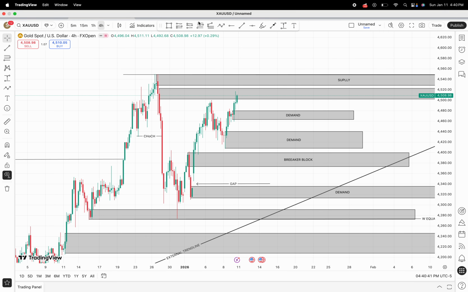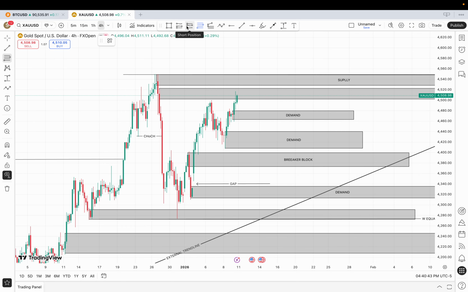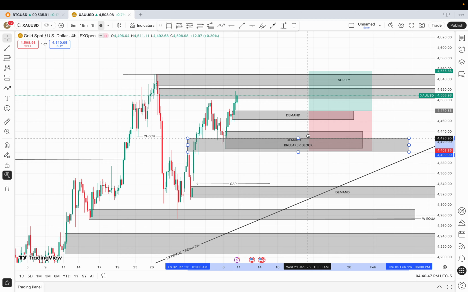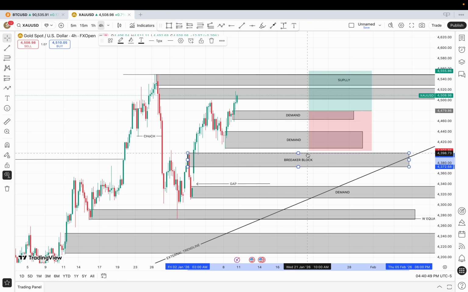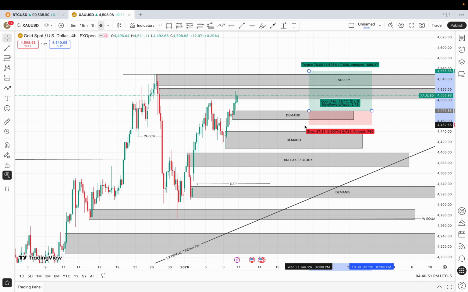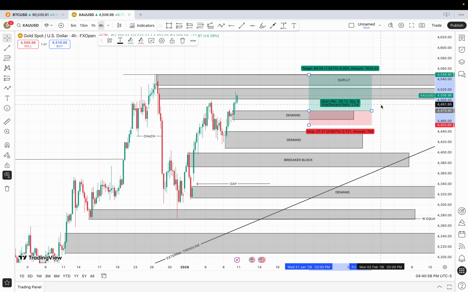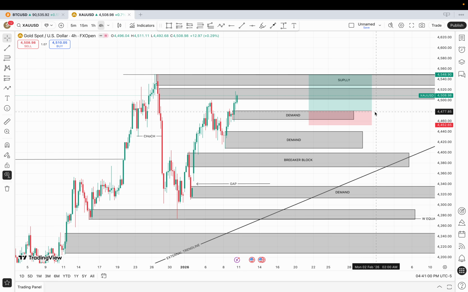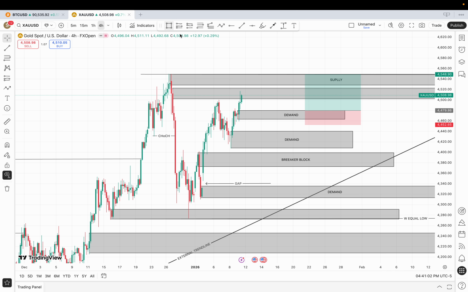Imagine it comes into your demand right here. The stop loss is going to be right here. Give it some space. And let's say this is your target. That's 1:2 or 1:3. Always have a risk reward ratio.